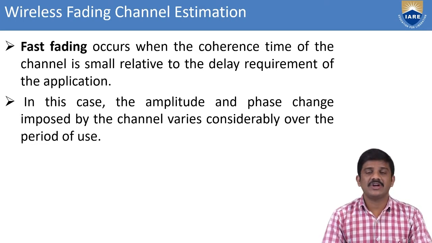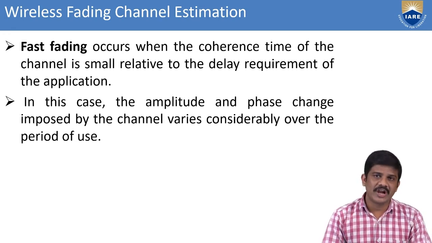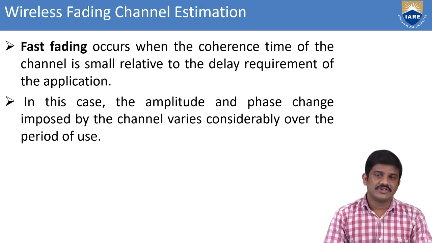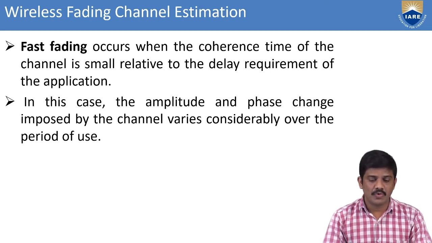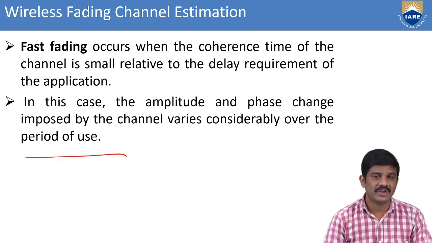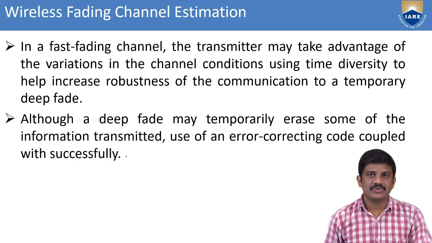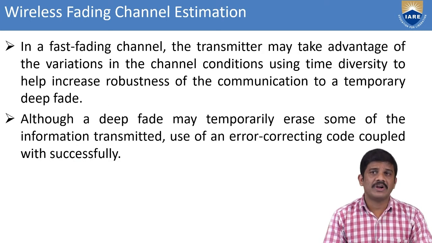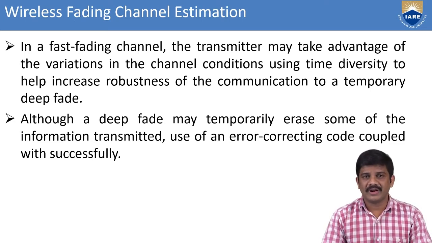Here both the amplitude and phase imposed by the channel vary considerably over the period of use. This is fast fading. In fast fading, the transmitter may take advantage of the variations in the channel conditions using time diversity to help increase good communication during the temporary fade.